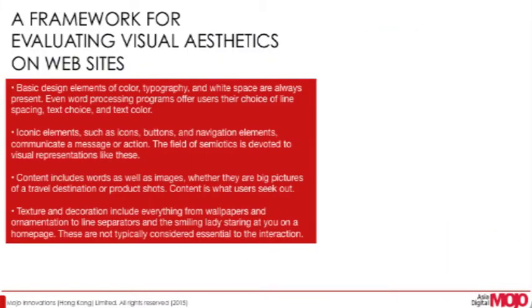So here in the book, the author offered us a framework for evaluating visual aesthetics on websites. Basic design elements of color, typography, and white space are always present. Even word processing programs offer users their choice of spacing, text choice, and text color.